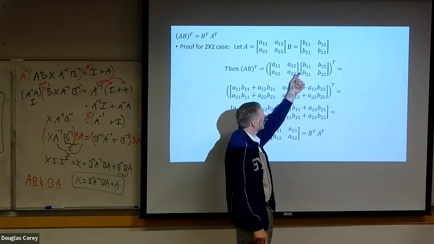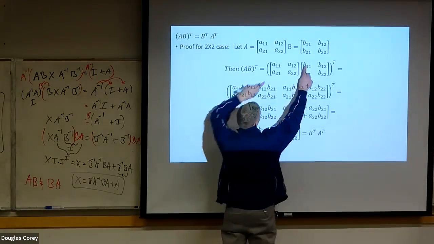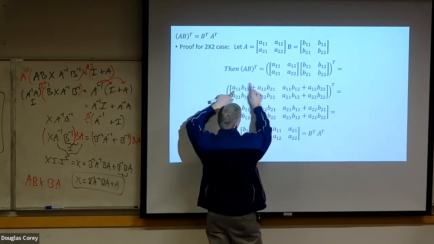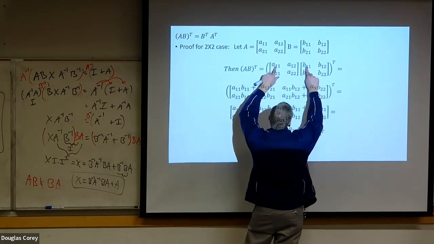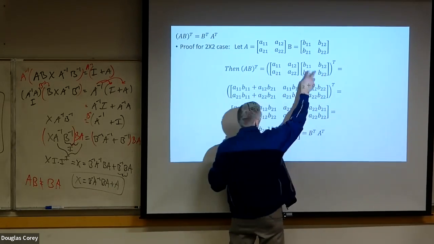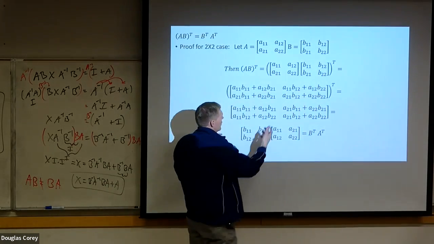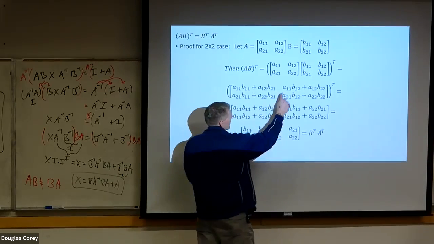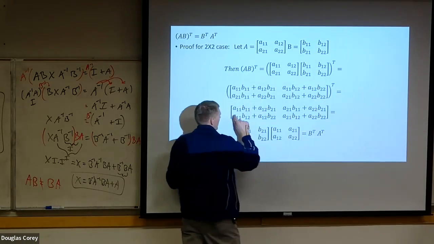And then I can do the actual multiplication. So I have A11 times B11 plus A12 times B21. So that's where this term comes from. And A11, B12, A12, B22. That's where this comes from. So we do that multiplication, and then I transpose that whole thing. And so now this term that was up here is now down here.